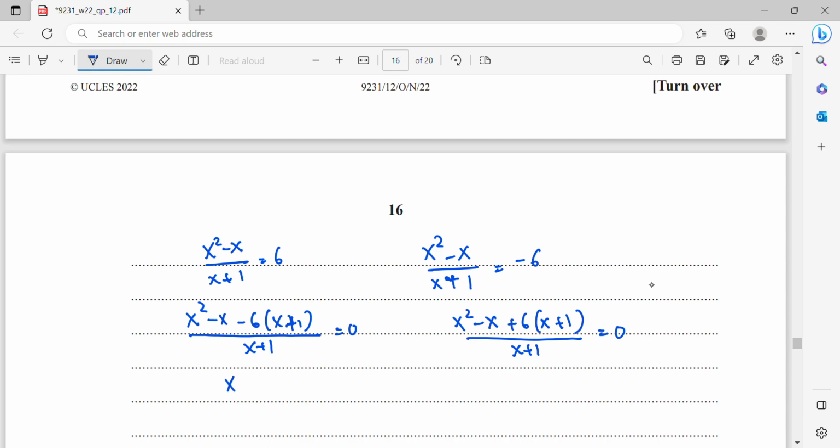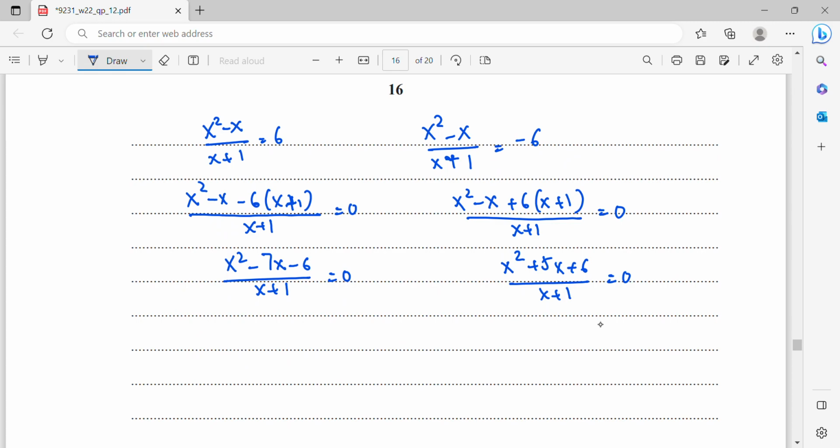So in the numerator, you get these three terms. Then since the denominator cannot be 0, x squared minus 7x minus 6 equals 0. So your x will be this value using the quadratic formula.